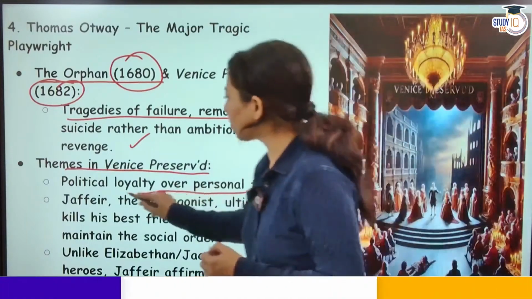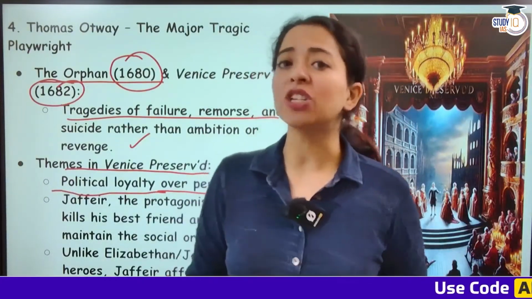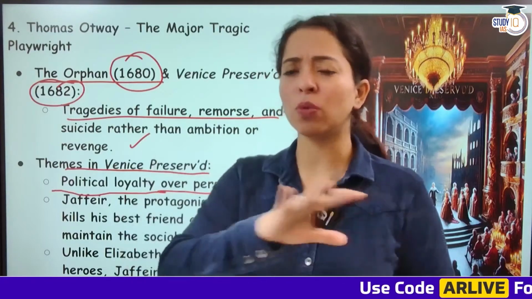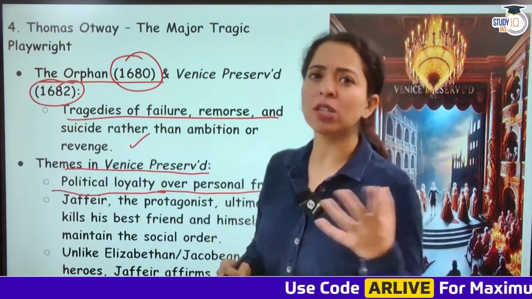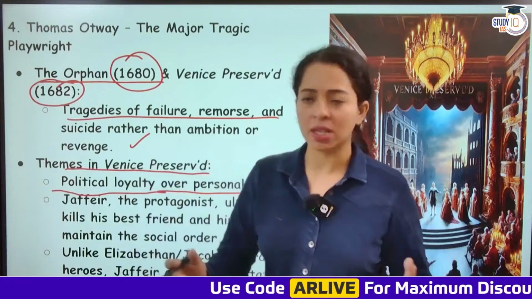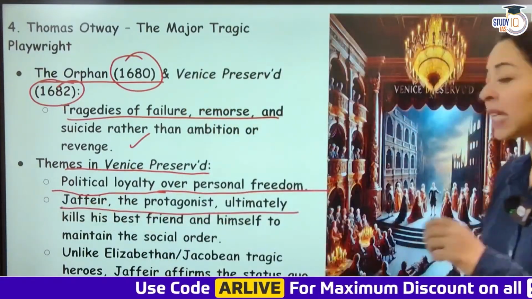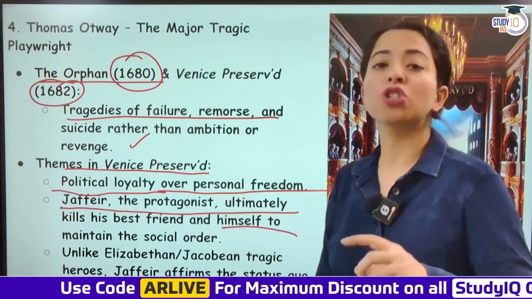Okay, so at that time, guys, England was politically very charged. There was a strong inclination towards politics. Everybody was inclined towards that. And so showing a political play was of course just appeasing the audience. All right. So Jafar, the protagonist, ultimately kills his best friend and himself to maintain the social order.